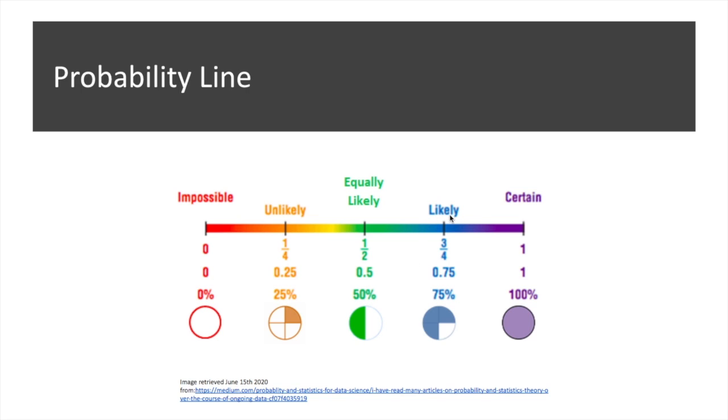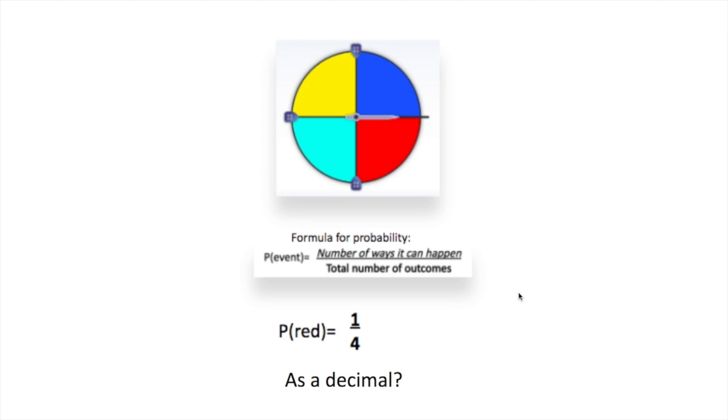Then we have likely, which we can express with 3 over 4, or 0.75, or 75%. And then certain. It's going to happen every single time. We can represent that with the number 1, so 1 whole, and 100%.